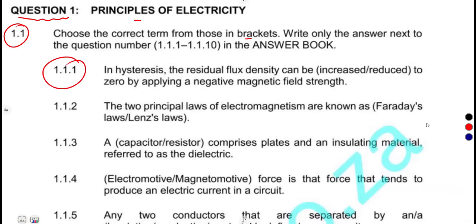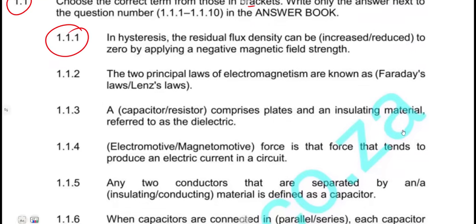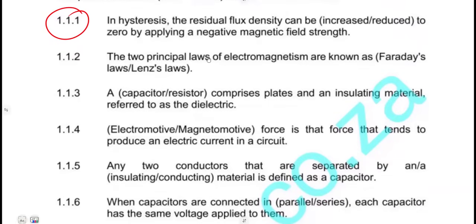So 1.1.1, in hysteresis, the residual flux density can be increased or decreased to zero by applying a negative magnetic field strength. So to get to zero, it must be what? Reduced. So here it must be reduced.